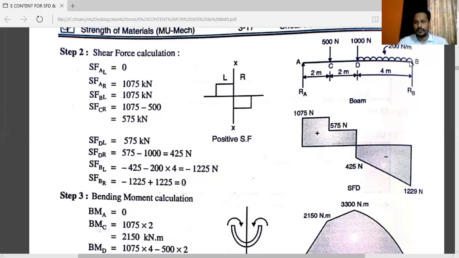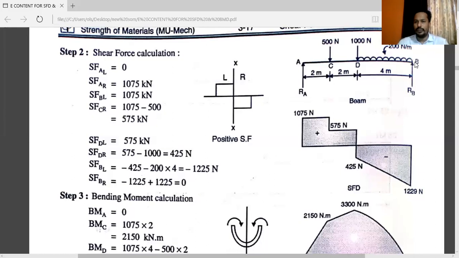So you have to take minus the intensity of that UDL, that is 800. So the answer will be minus 1225 Newton.